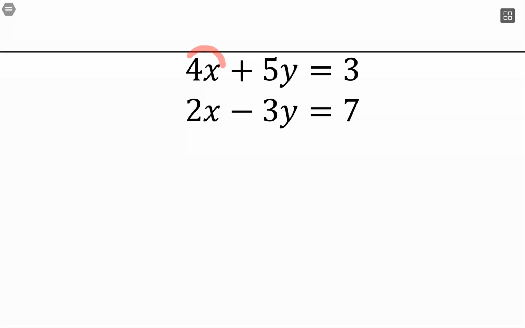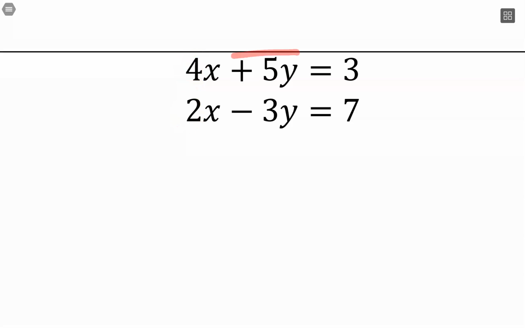So the idea being, well, here they have a nice common factor of 4, meaning all I would need to do is multiply the 2 by 2 in order to get the same number. So all that would be required is multiplying one equation by 2, and actually I would want it to be negative 2 because I have this positive 4 and I would need a negative 4 right there. So that's something to think about.